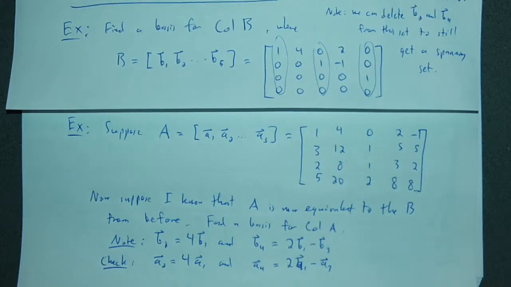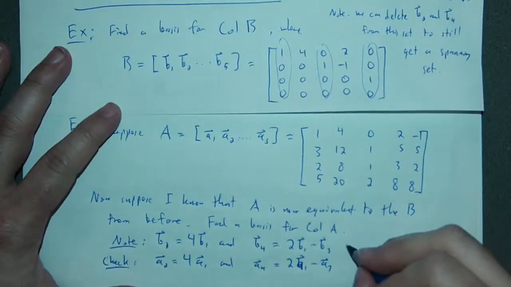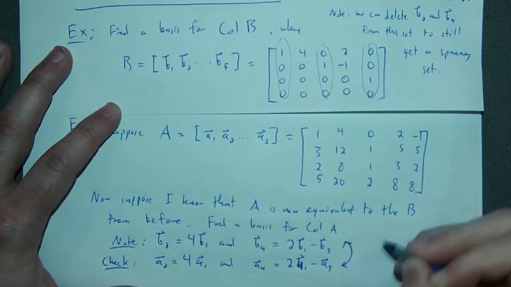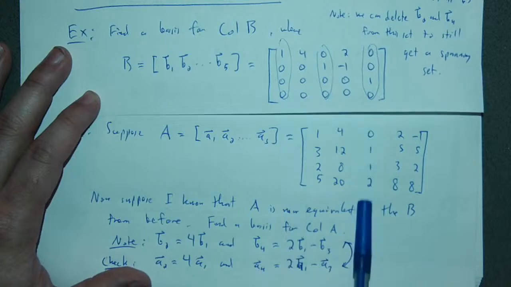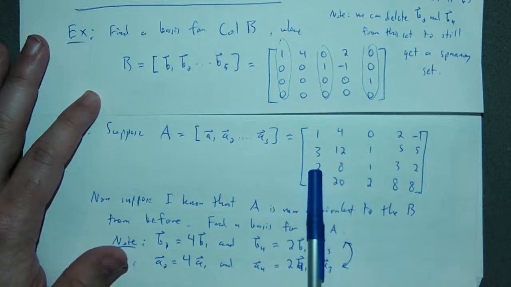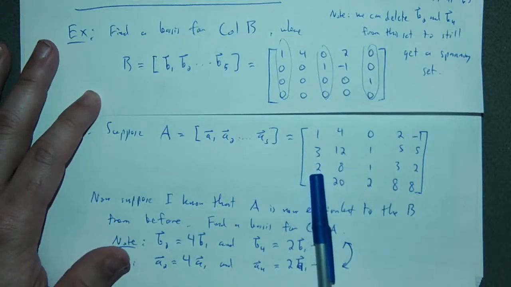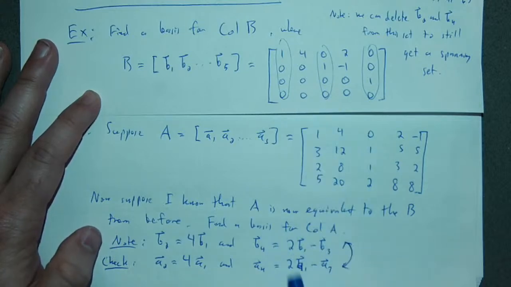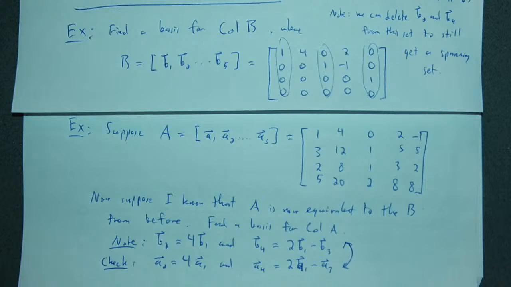So what does this tell me? Well, I have the same linear dependence relations between the columns of each matrix, B and A. I should be careful there, I'm not mixing the A's and B's here.